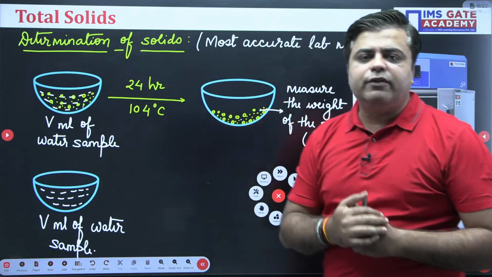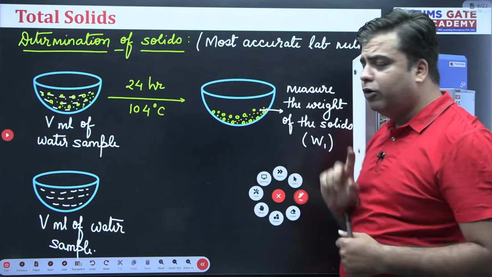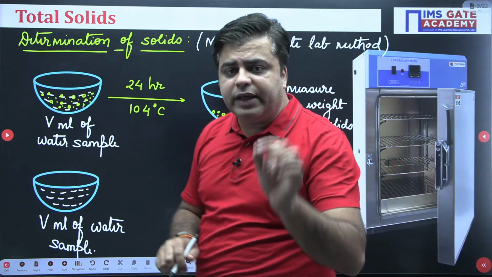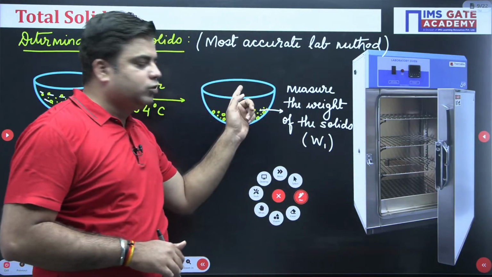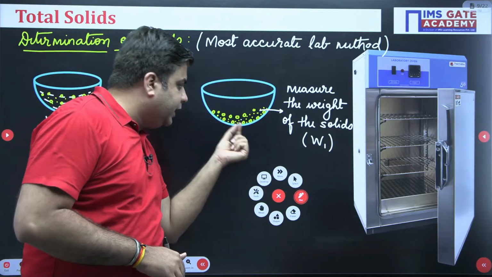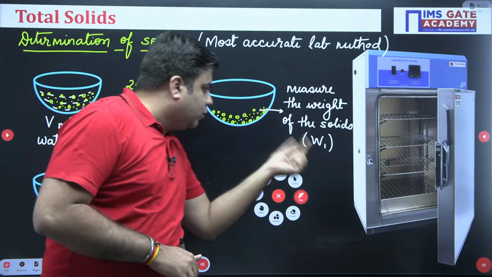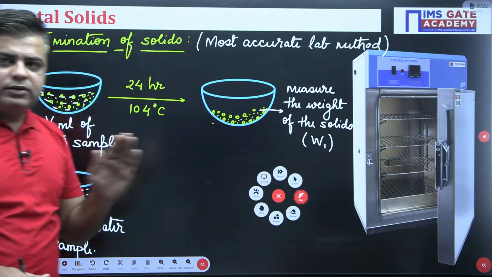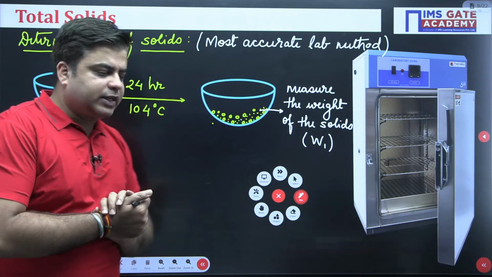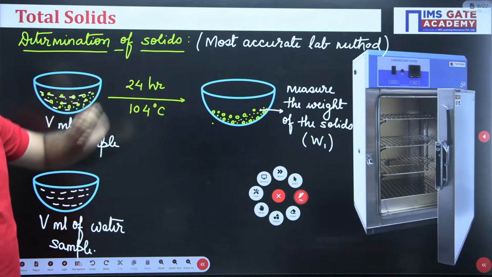That will give you the weight of the solids, and that is W1. Please remember, W1 is the weight of solids, not the weight of solids plus crucible. It is only the weight of solids, and this W1 equals the total weight minus the empty weight of the crucible. This is just a very simple logic, right? So this is how we do it.